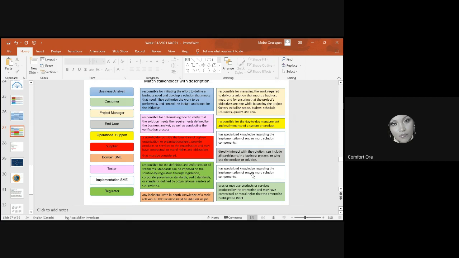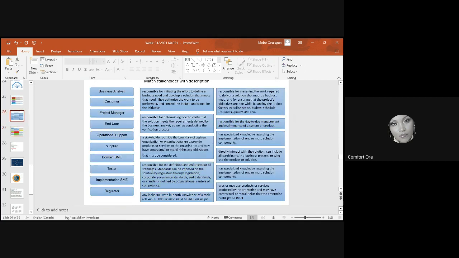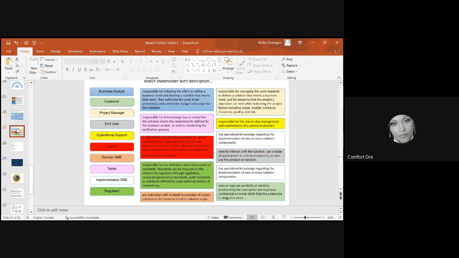Responsible for the day-to-day management and maintenance of the system or product. Okay, we were actually right. That's the answer that is provided.